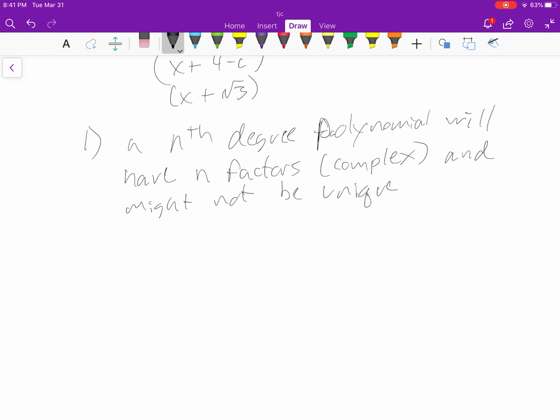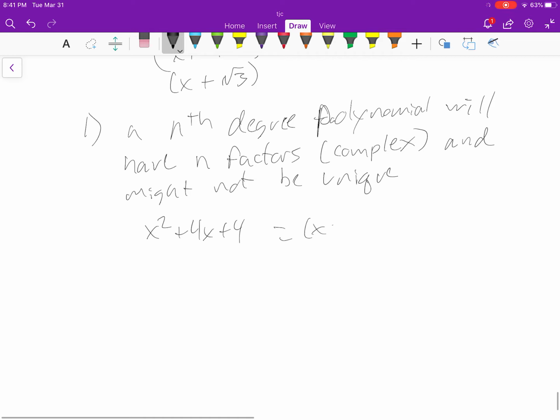So what I'm saying here is you could have, right, we already know what this factors into. Okay, this is a second degree. From this theorem, we can basically get that it's going to have two complex factors.